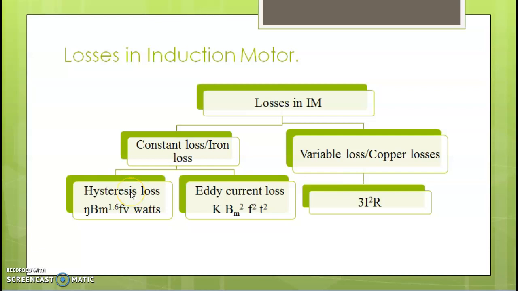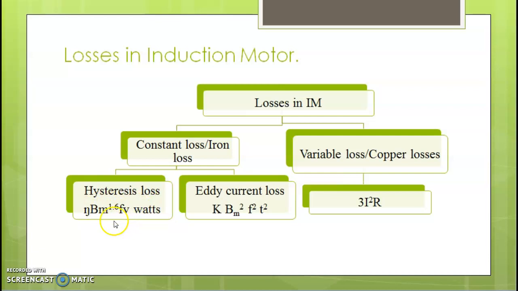In hysteresis loss, the formula goes like this: eta Bm raised to 1.6 F into V watts. In this, eta is the hysteresis constant, Bm is the maximum flux density in an air gap, F is the frequency of magnetic reversal, and V is the volume of core in meter cube.